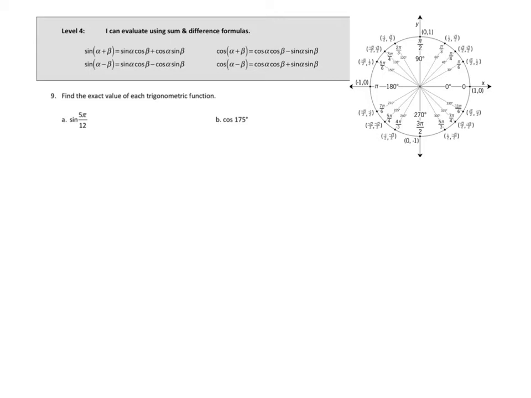So what I do is I split that angle apart either into the sum of two angles or the difference of two angles that either adds or subtracts to 5 pi over 12. So if I split sine of 5 pi over 12 apart to be 2 pi over 12 plus 3 pi over 12, that's still the same as 5 pi over 12.